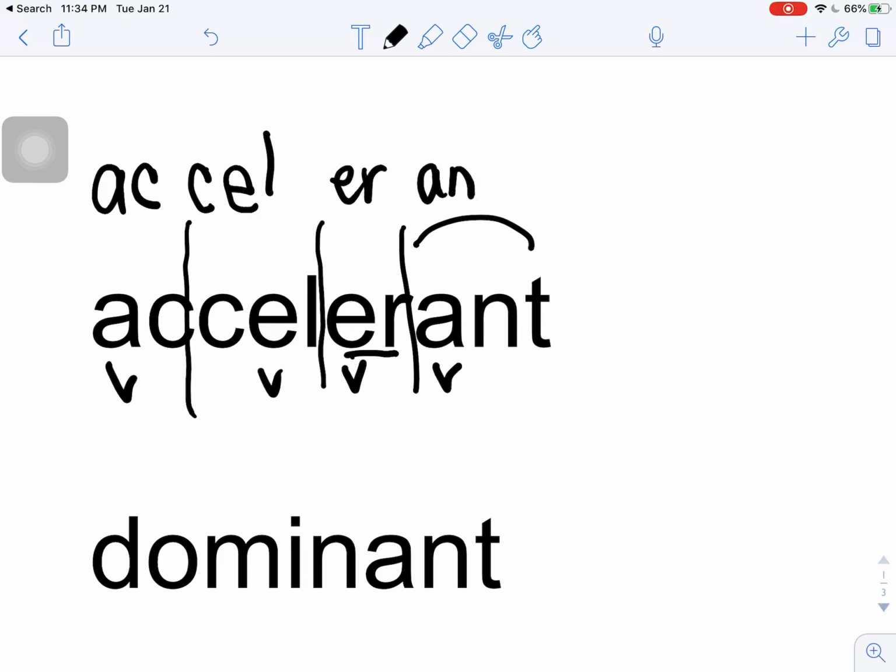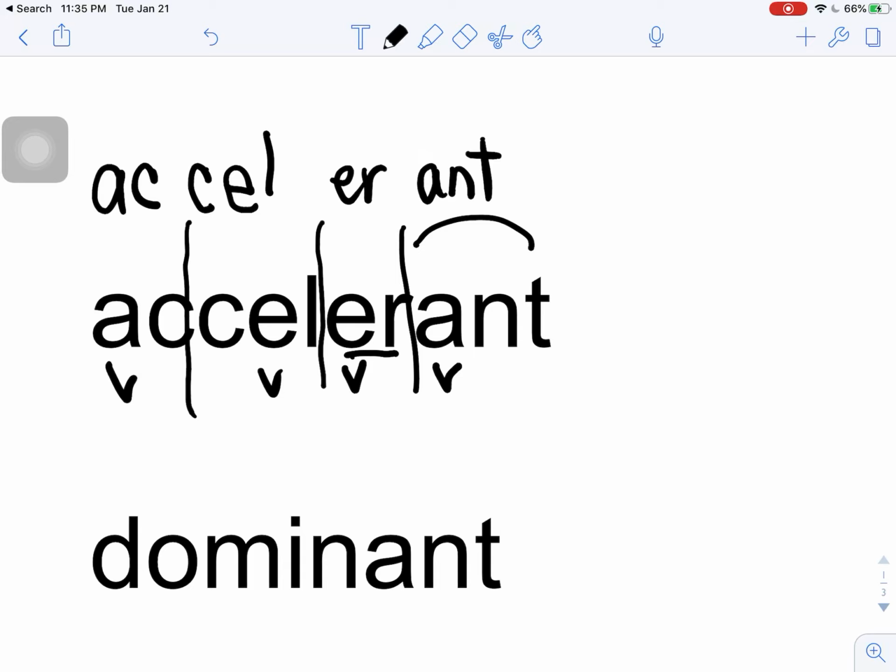ant. And the trick in spelling is we don't pronounce this really clearly. So you're going to think to spell accelerant, and not, if you just say accelerant, you're not sure if you're saying an A-N-T or an E-N-T.